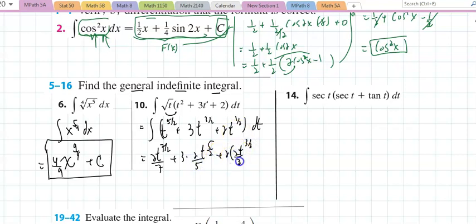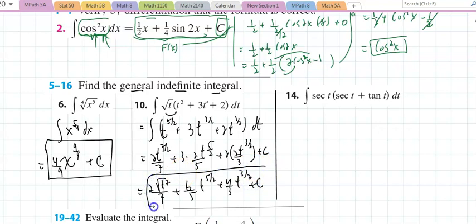Divide by that. And that would be 2. You could write, if you want, the square root of t to the 7th over 7. You could leave it as is. I really don't mind. You could leave it as a fractional power. If it's an indefinite, it's not going to matter. If it's a definite, you're going to have to evaluate those, so you know, something to consider.